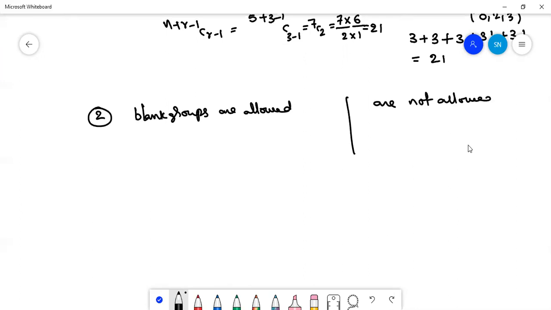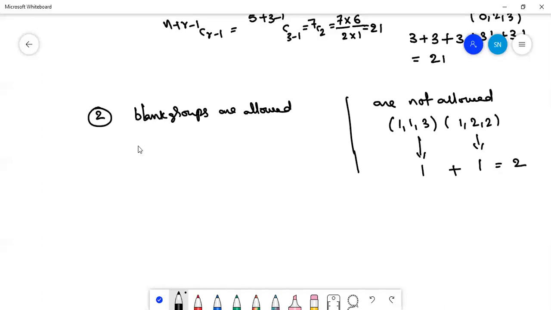When blank groups are not allowed, we take the same example, 1, 1, 3 and 1, 2, 2. When all boxes are also identical, there is only one way of keeping these identical balls in three groups, 1, 1, 3. So this is only one way, and 1, 2, 2 can also be done in one way. So 1 plus 1, this is two ways.